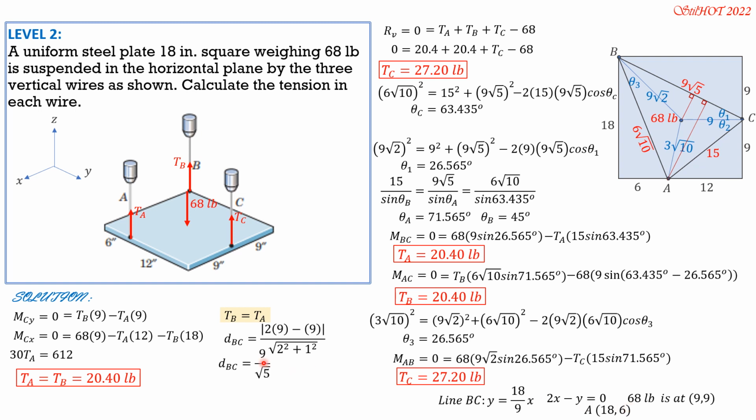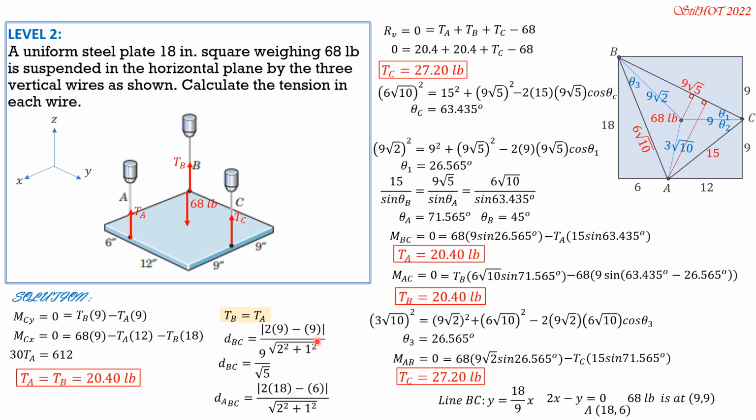square plus b square. So distance of 68 pounds to BC is 2 times 9, the x coordinate of 68 pounds, minus y, which is 9 also, over square root of a square, which is 2 square, plus b square, which is negative 1 or 1 square.